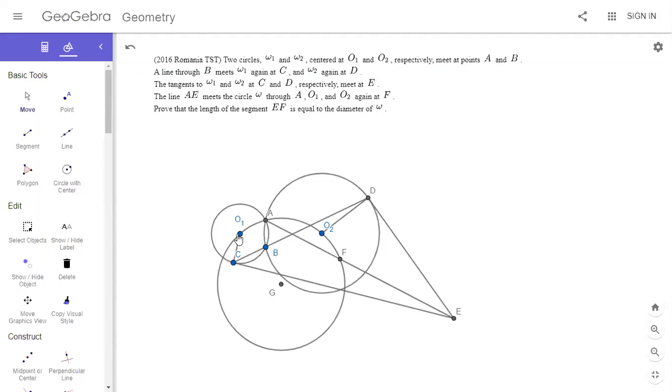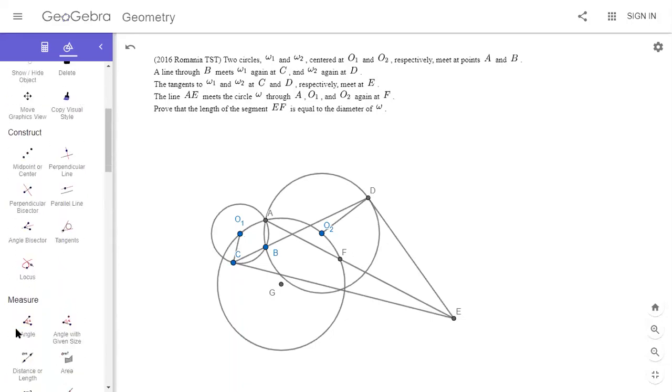So basically that would mean triangle AO1C is similar to triangle AO2D, right? Yes. It could be. Let's see if that's true. Yep. Yeah, it is.